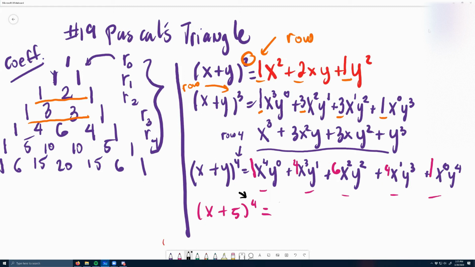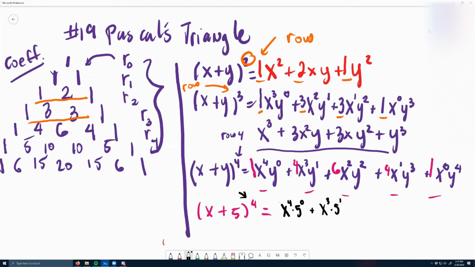And it makes sense because the first one is going to be x to the 4th times 5 to the 0. Plus, again, I'm not going to put the coefficient yet. I'm going to do it later. I'm just going to fill in all of these. This is going to be x to the 3rd times 5 to the 1st.